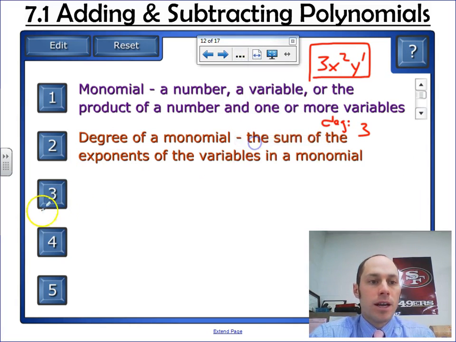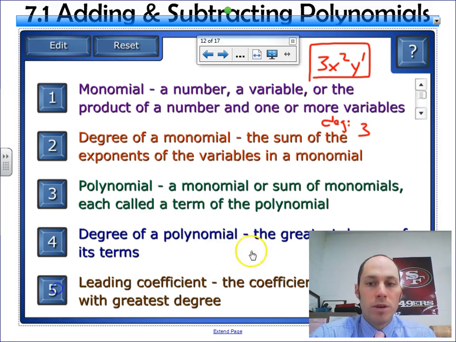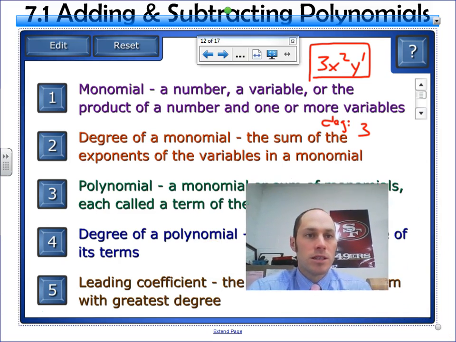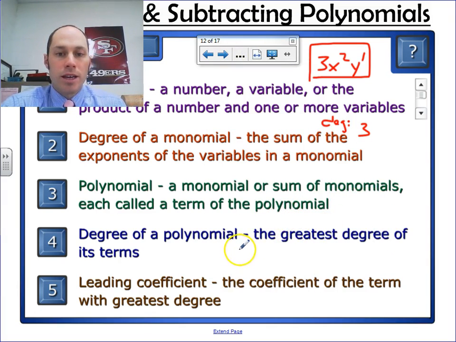Okay, next let's talk about polynomial. A polynomial is a monomial or a sum of monomials. The degree of the polynomial is the greatest degree of its terms. So if we have a polynomial like 3x squared plus 2x minus 7, this would be degree 2, the highest degree of any of its terms.